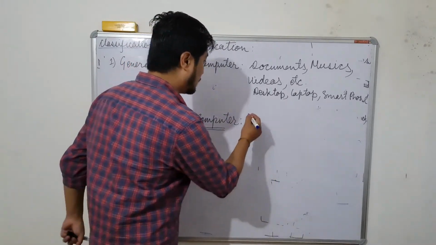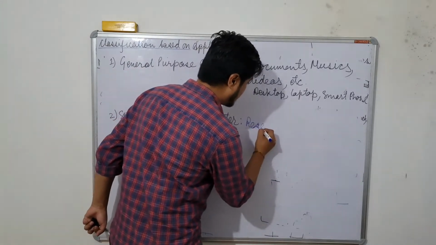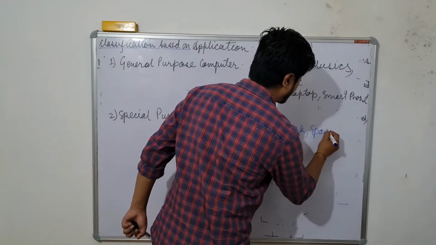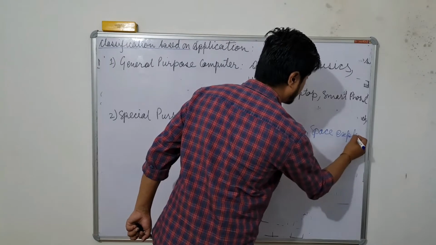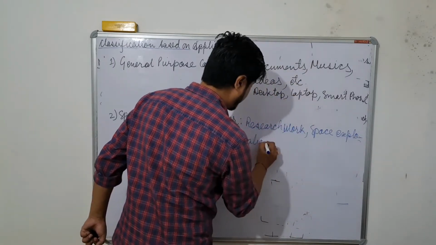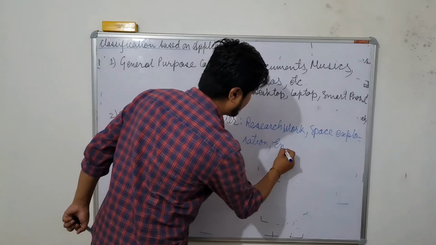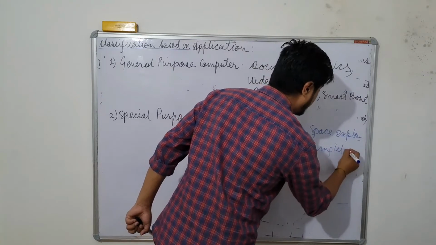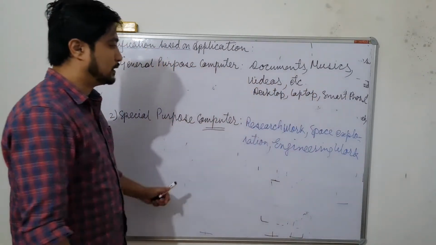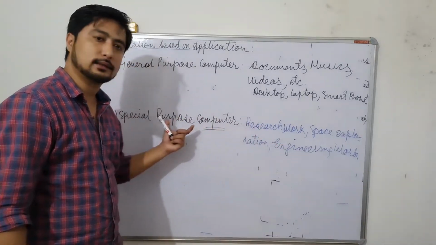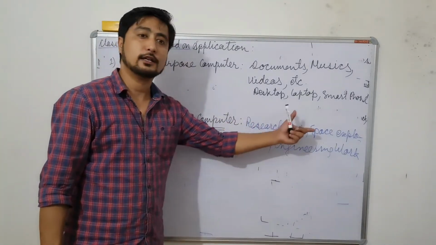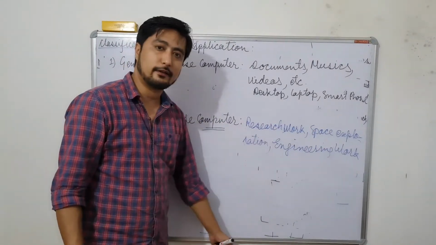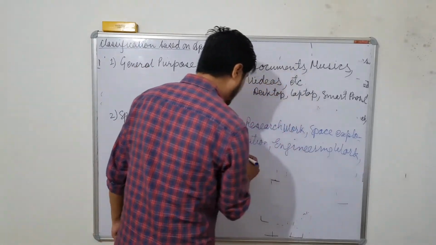Like research work, space exploration, engineering work. The computer which is used in these types of fields is known as the special purpose computer because it does special work. So research is special work, space exploration, engineering, and even weather forecasting.